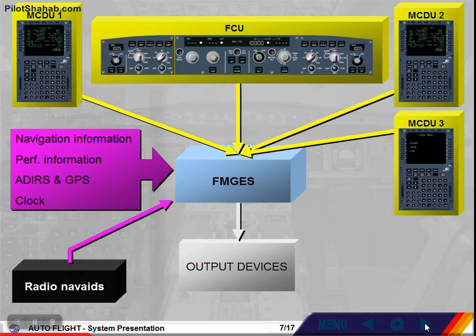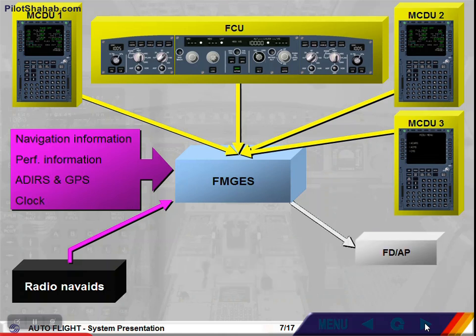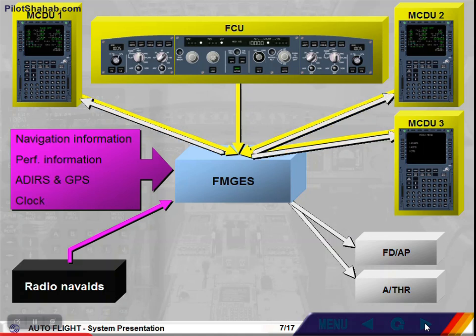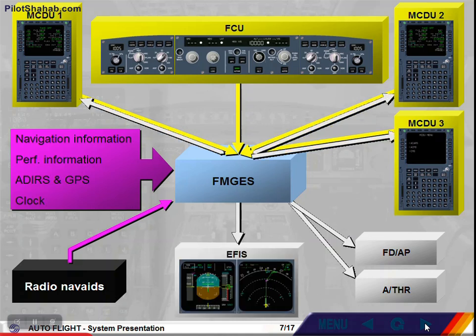The FMGES provide outputs to the flight directors, FDs, and autopilots, APs, for pitch, roll, and yaw control, the autothrust, ATHR, for thrust control, the MCDUs and EFIS for the display of information, and the navigation radios for the automatic tuning of radio aids.